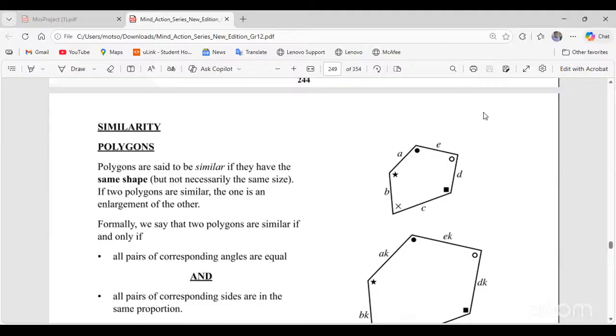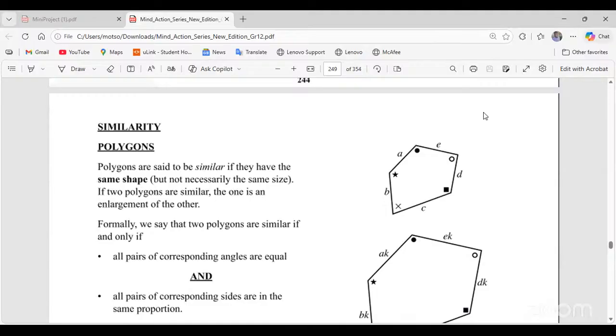Okay. So now there is a difference between congruency and similarity, because for congruency, they have to be exactly the same. If we are talking about two polygons or two shapes, they exactly have to be the same with angles, with the sides, with the shape.